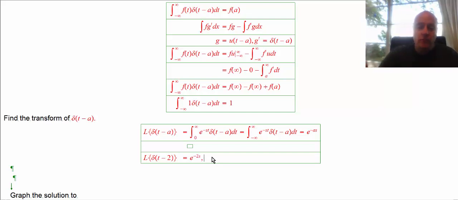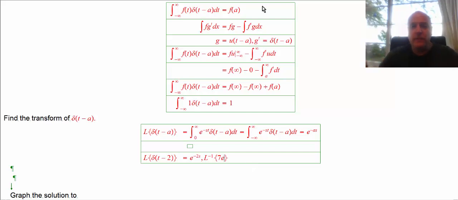What we can also do then is take the inverse Laplace of a constant. So if I take the inverse Laplace of, let's say, 7. If I check my chart, I don't have anything that I Laplace into a constant.